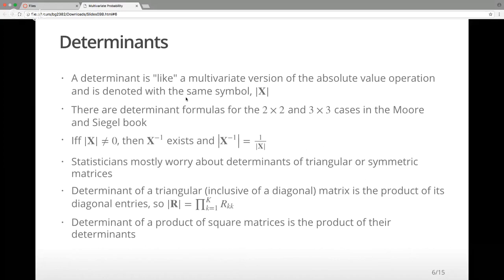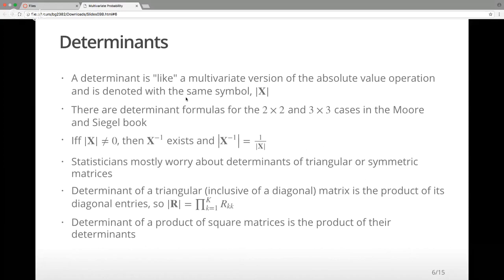So there are formulas for how to calculate the determinant in the case of a 2x2 and a 3x3 matrix in the reading. This is for square matrices; the determinant is only defined for a square matrix.